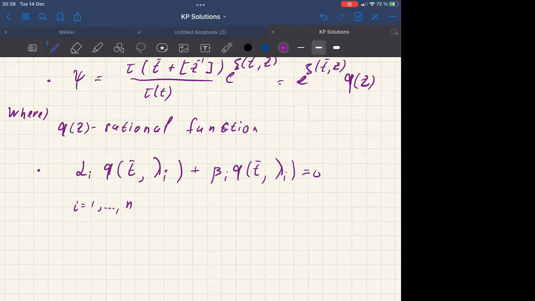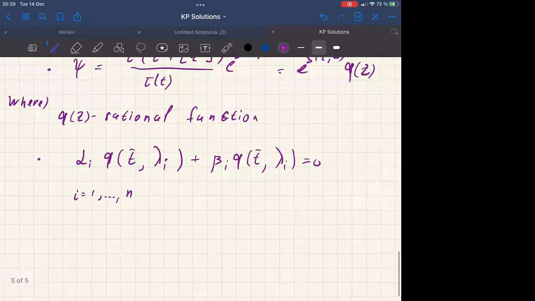This is an independent condition for our Baker-Akhiezer function. Such solutions are called Seleton solutions.